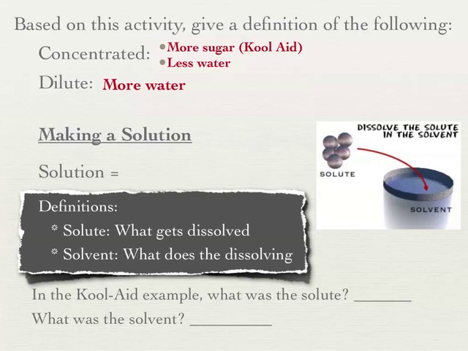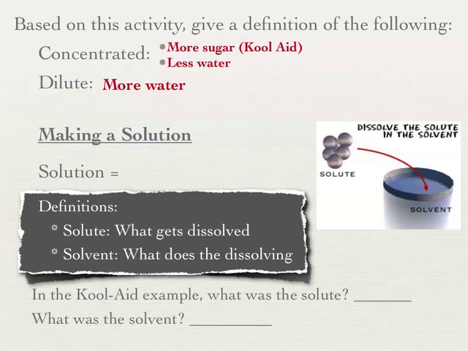Okay, so Kool-Aid is what we call a solution. A solution has 2 parts to it. If I have some water here and I have some salt, I can put some salt in this water, and I'm making a solution.